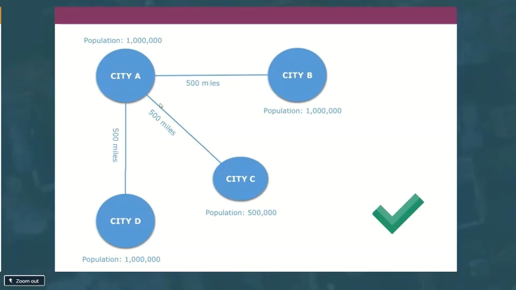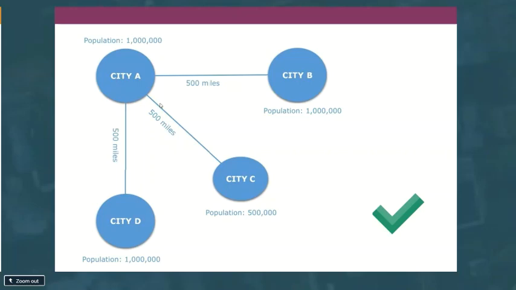So based on the gravity model, we can predict that there will be more interaction between city A and city B than interaction between city A and city C, because even though the distance between city A and B as well as city A and city C are the same, the population sizes are different. So because city A and city B are bigger, they would interact more.